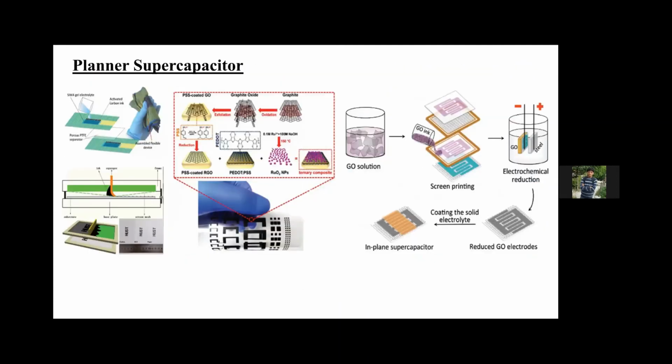Next are the planar devices. As I told before, the main types of devices are symmetrical, asymmetrical, and planar devices. Generally, for planar devices, symmetrical planar devices can be made, or asymmetrical planar devices can also be made.